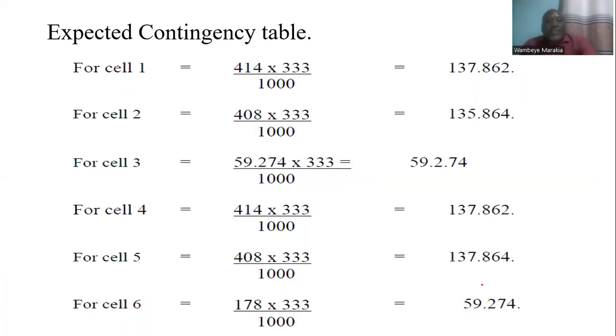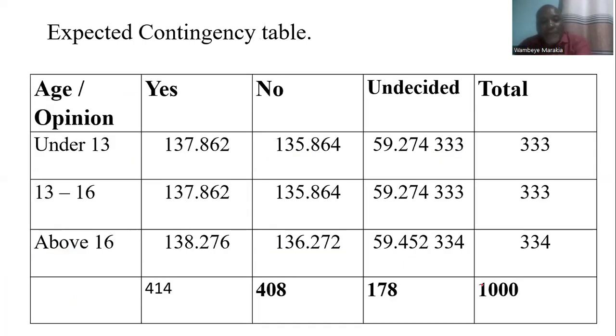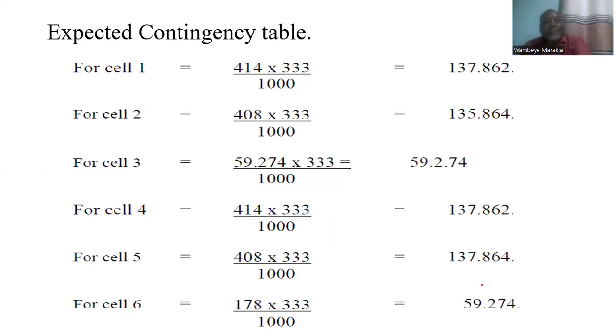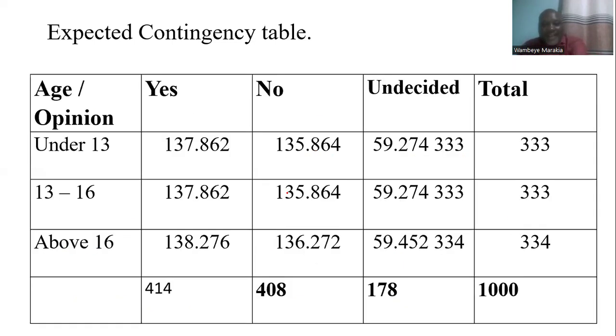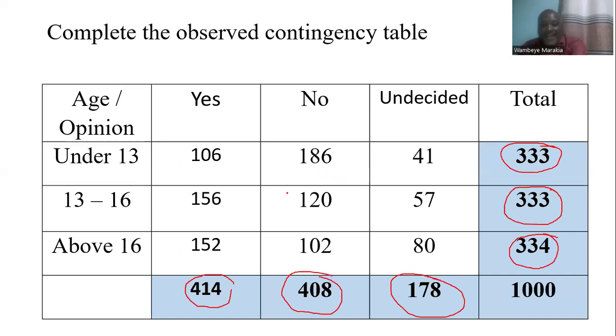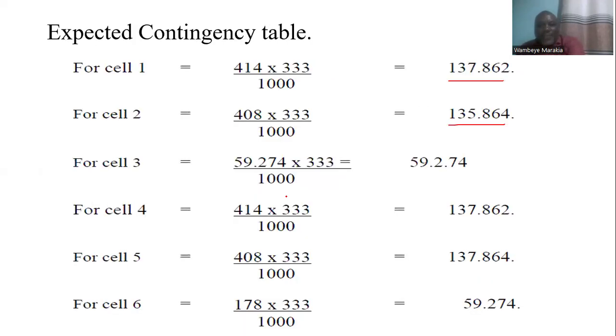So this is how we go on. 414 times 303 over 1,000. 408 times 333 over 1,000, 105.86. Then you do the calculation up to the end.